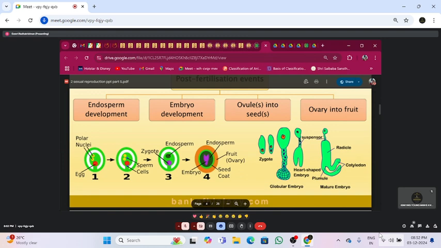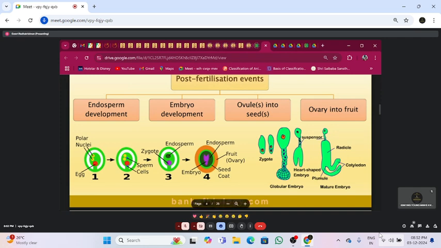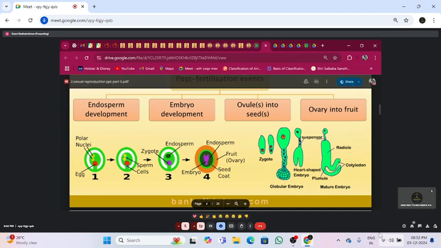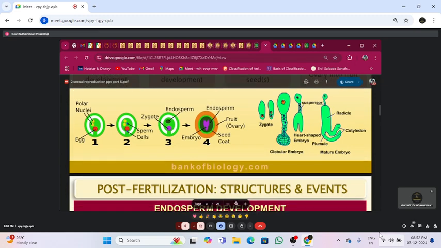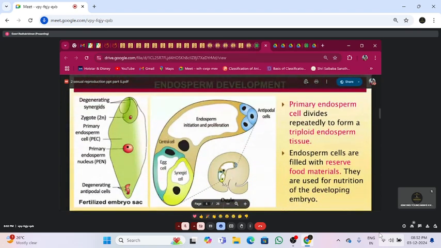The zygote then develops into a globular embryo, then a heart-shaped embryo, and then into the cotyledon stage. The last stage is the mature embryo, and at that stage it starts sprouting, germinating.